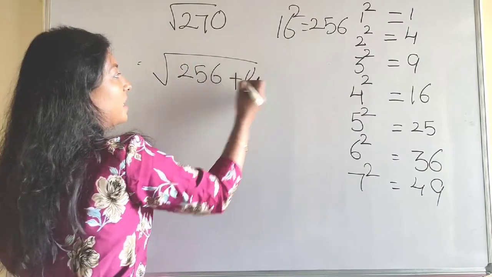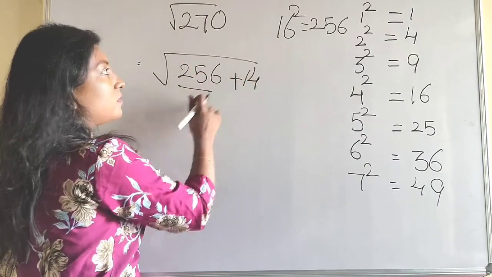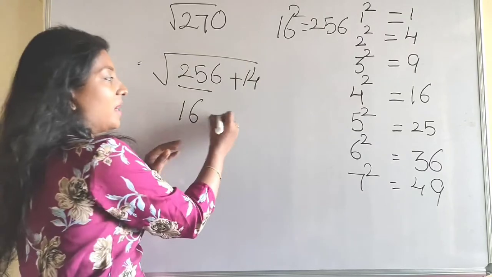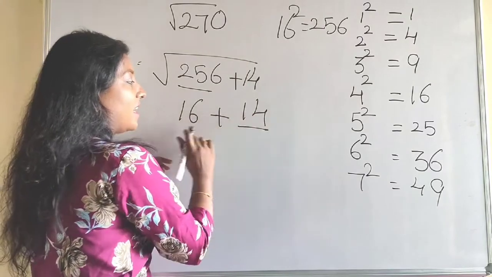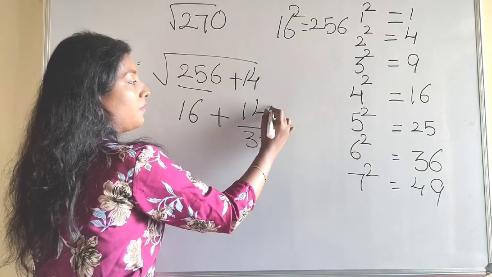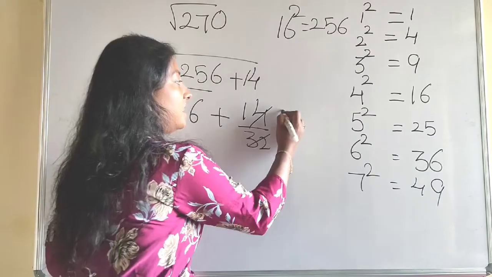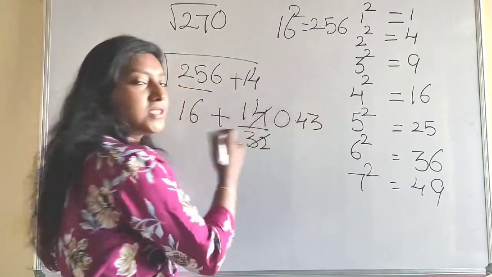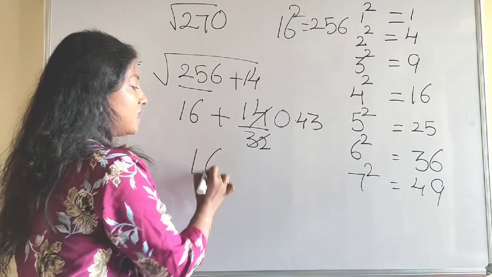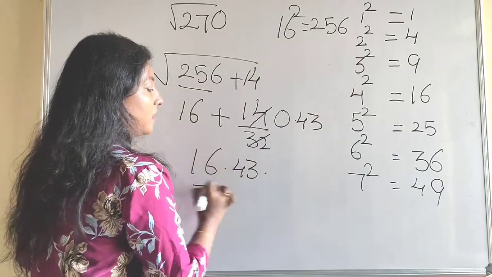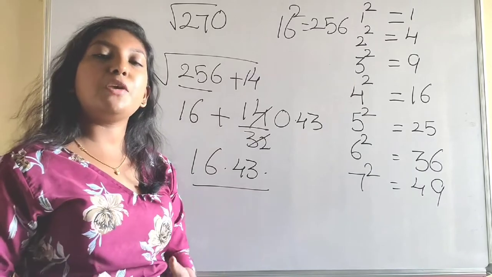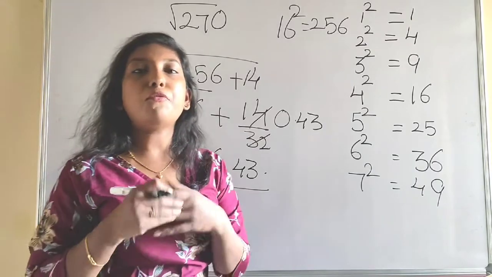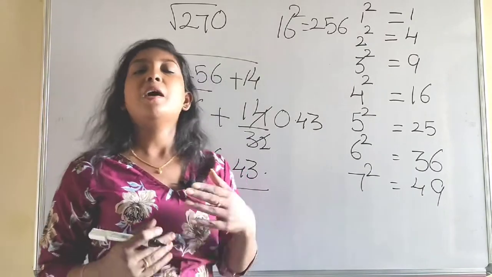So I am writing 14. Now what is the square root of 256? That is 16 plus 14 divided by 32. If you cancel it, what we are going to get? 0.43. So 16 plus 0.43 gives 16.43. So in this way you can find the square root of any number by using this method.